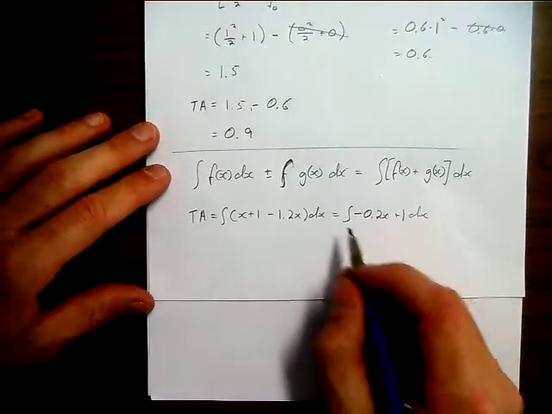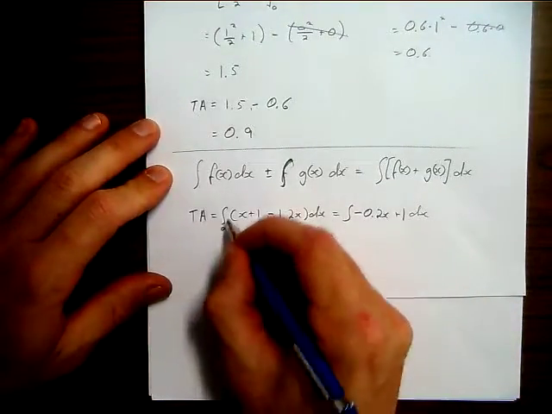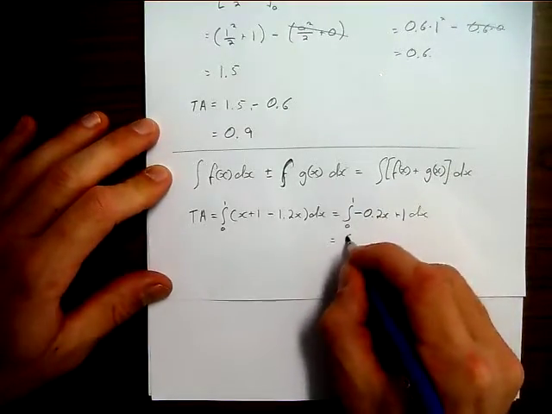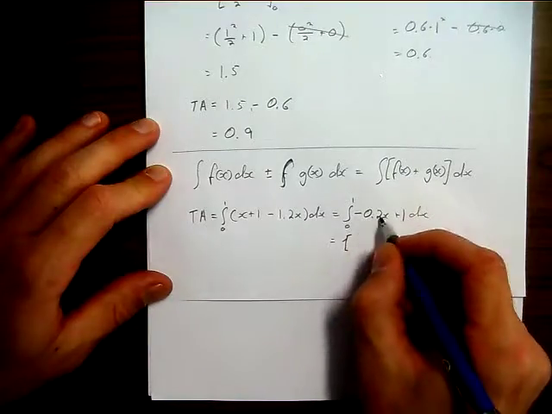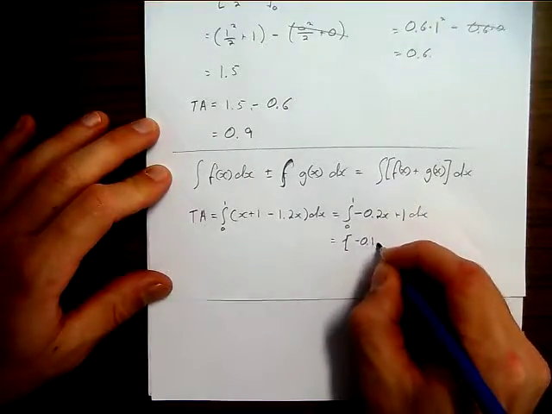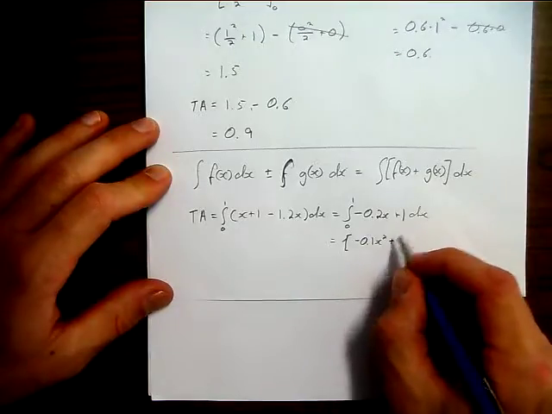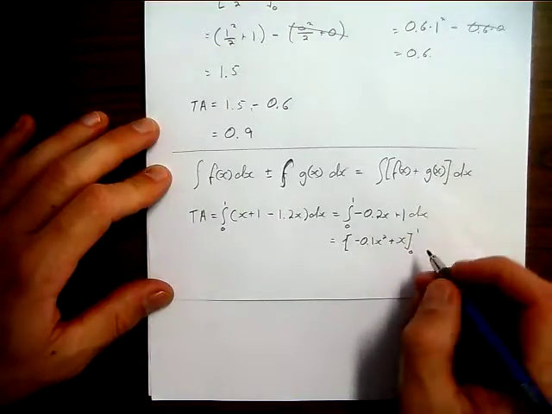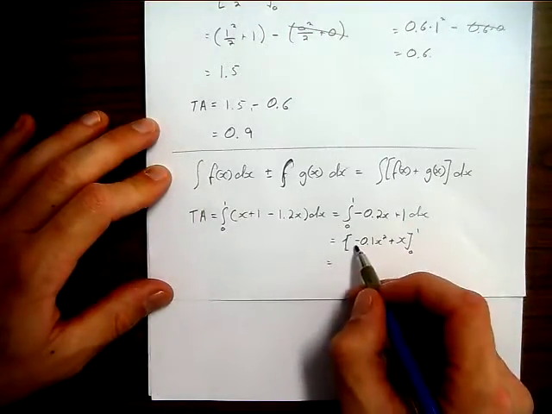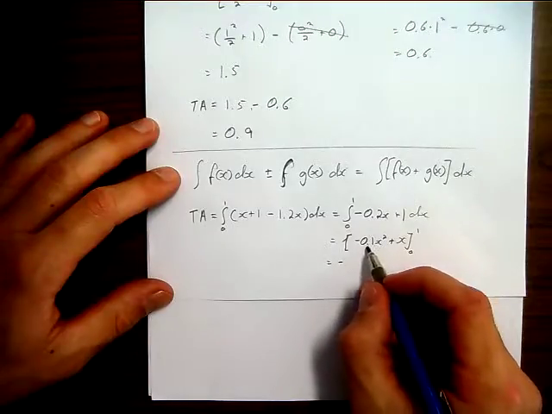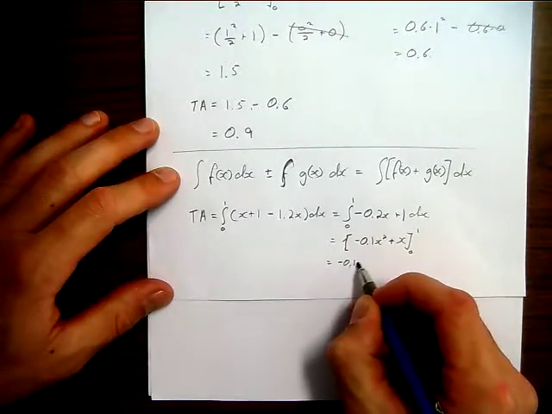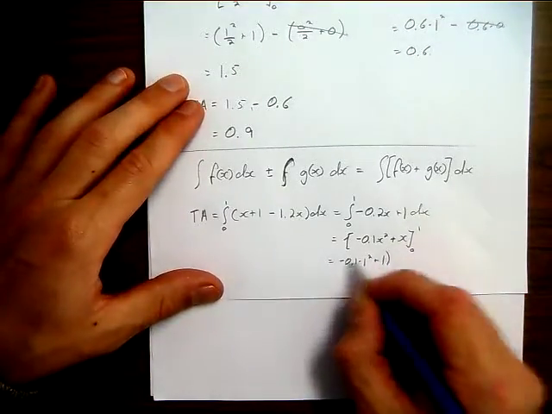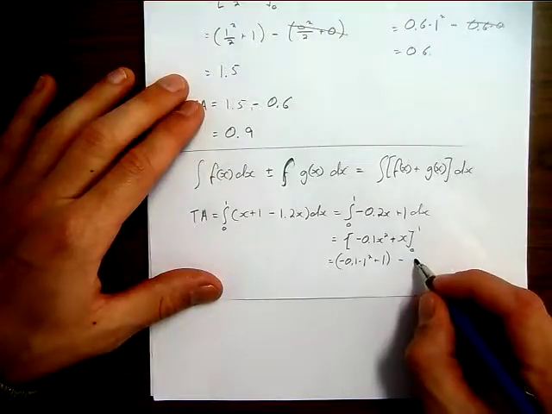Okay, so if we integrate this from 0 to 1, we get negative 0.1x squared plus x from 0 to 1, which is negative 0.1 times 1 squared plus 1 minus 0 plus 0.